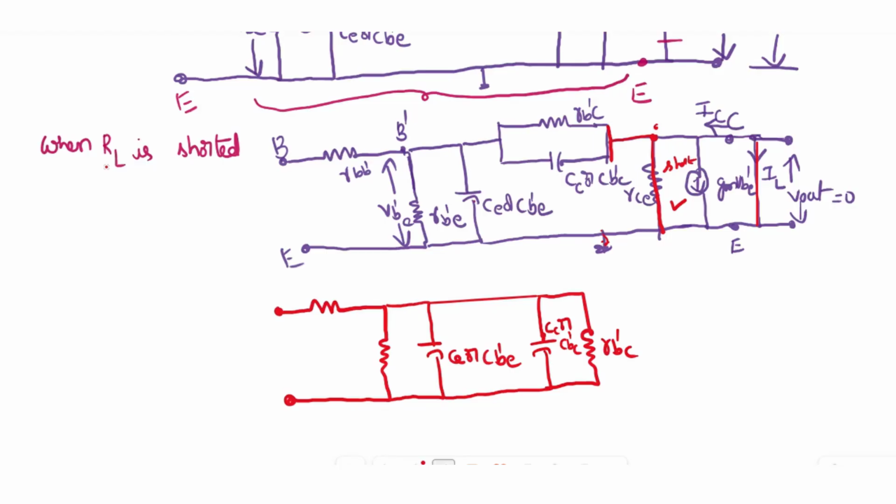Both are grounded. The current source gm VB'E remains the same. Okay. So this is IL and this is collector current IC.